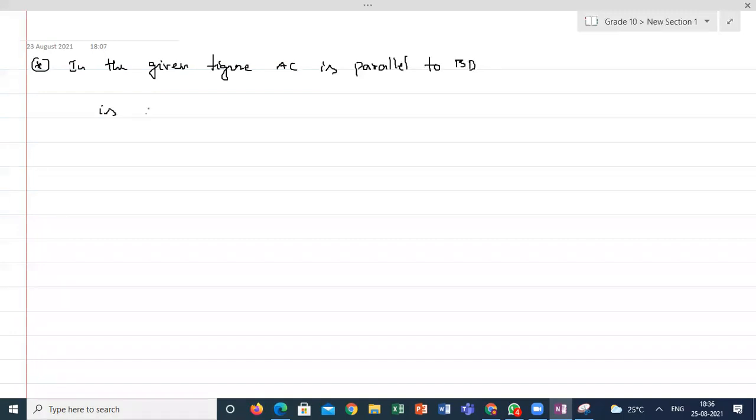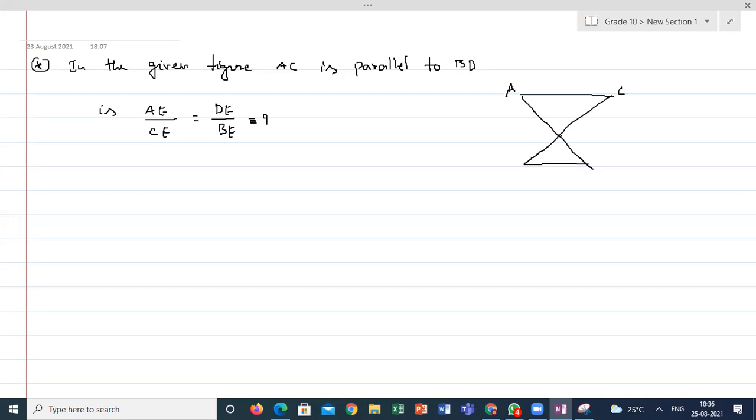Is AE by CE equal to DE by BE? That is asking whether it is correct or not. The diagram is like this: A, C, this point is E, and this is BD.